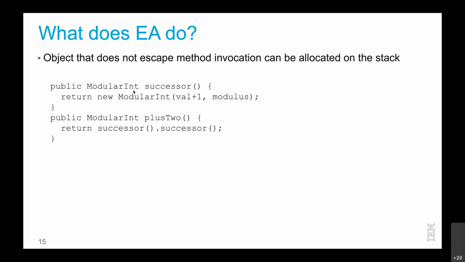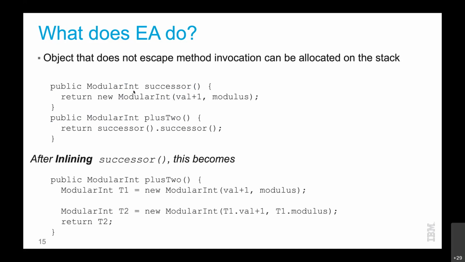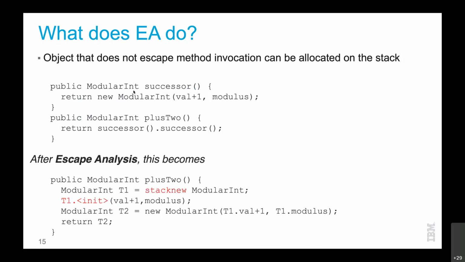So for instance, if taking my modular int example again, after inlining I showed that ends up looking something like this. After escape analysis, this ends up turning into something like this, where the first modular int object that's being created here is allocated on the stack within the +2 call.